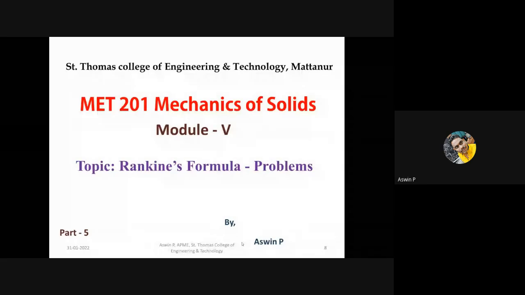Normally, Euler's formula is valid only for long columns, so we cannot apply Euler's formula for short columns as well as medium columns. That's why we are deriving another equation, Rankine's formula. Actually, it is not a derivation, it's an empirical equation, and that is a connection between Euler's crippling load and crushing load.